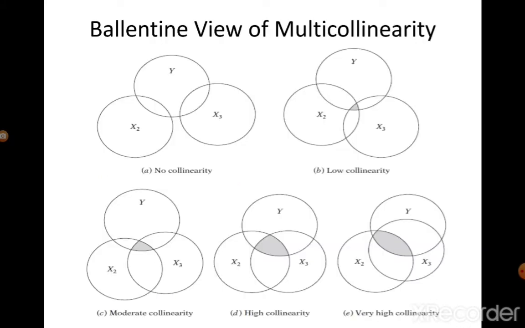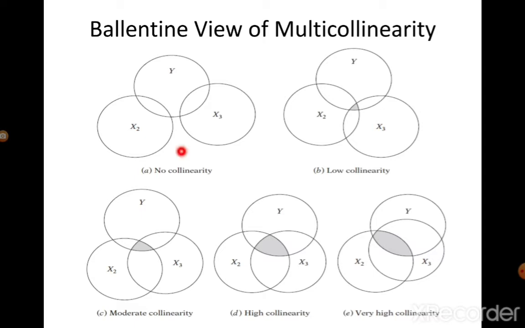In this slide, you can actually see a Ballantine view of the multicollinearity problem. Ballantine view is basically, we are using Venn diagrams to get a visual idea about what multicollinearity is.